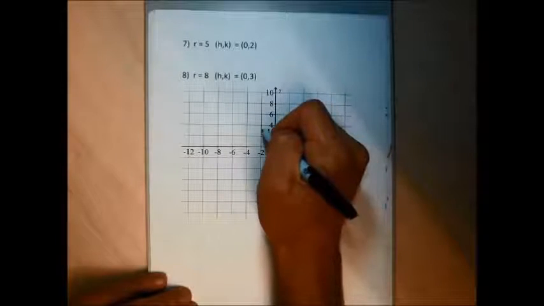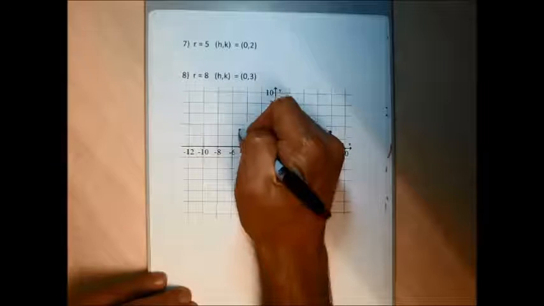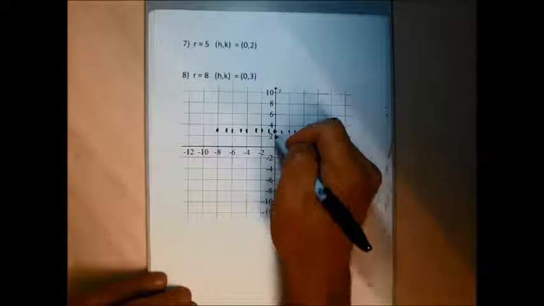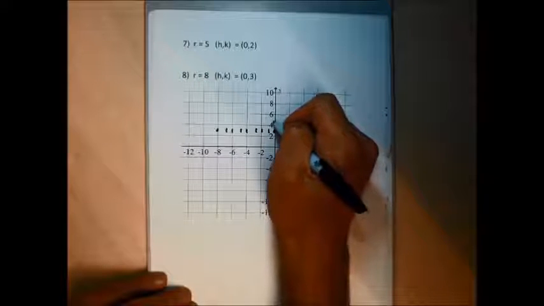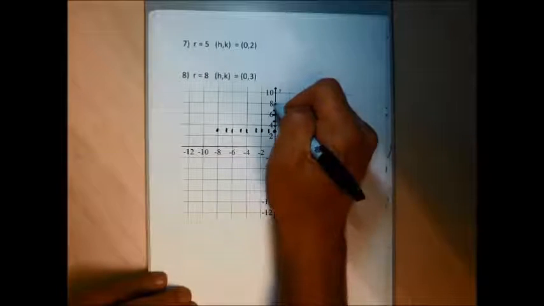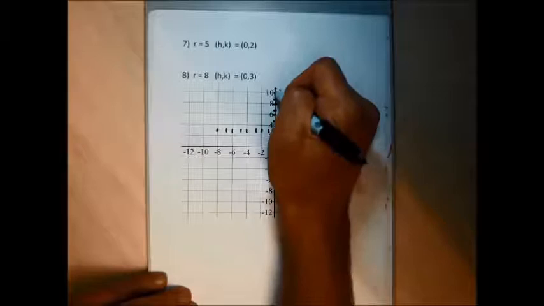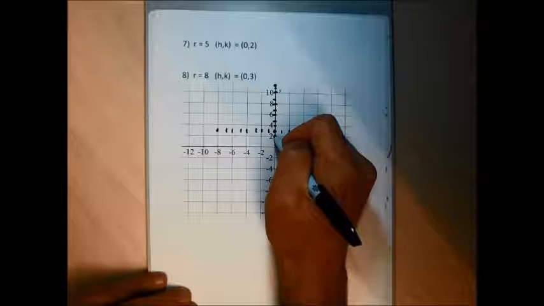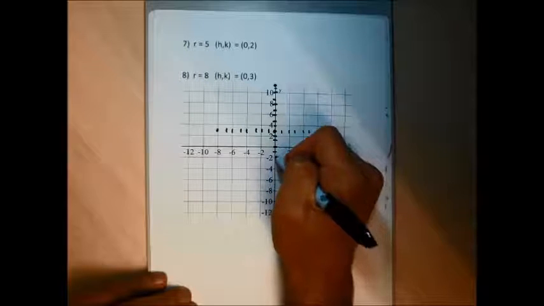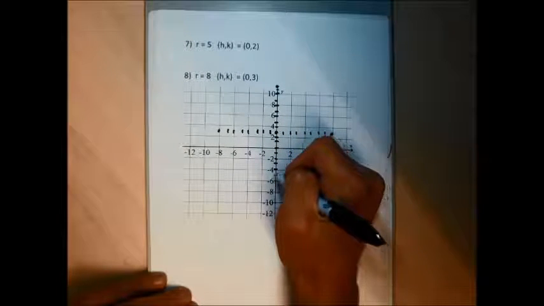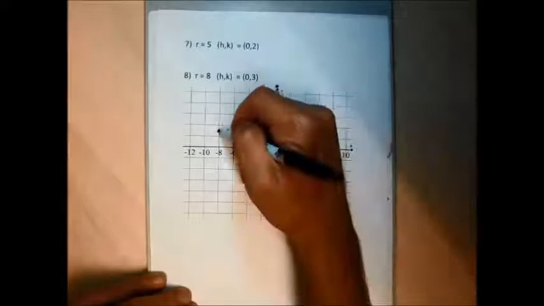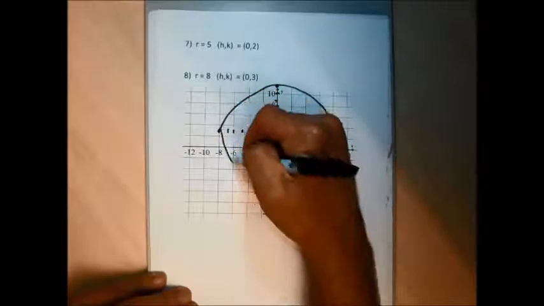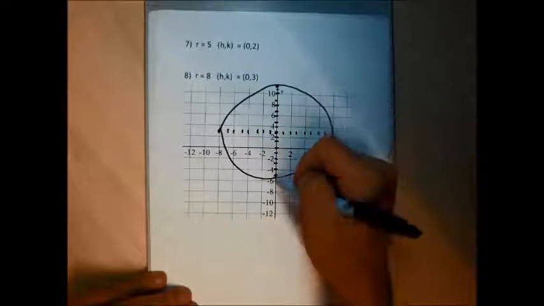Left 8, 1, 2, 3, 4, 5, 6, 7, 8, because my axes are marked by 2. Up 8, and then down 8. And then again, draw something that's reasonably circular that actually goes through the points would be nice.